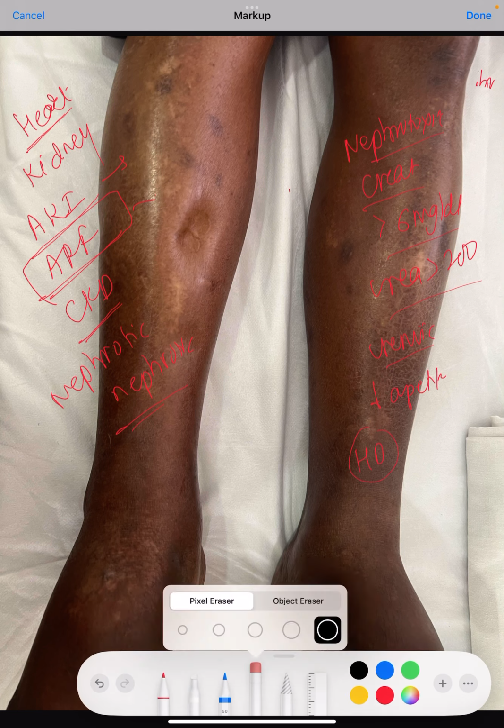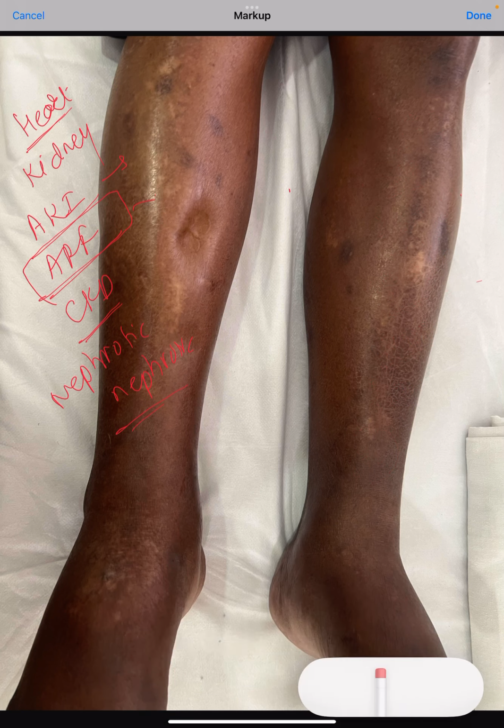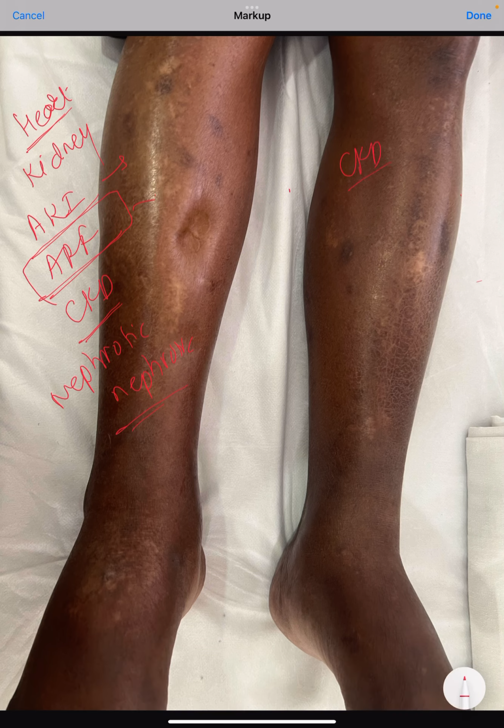The second thing is CKD. CKD is very common. CKD stands for chronic kidney disease, which means there is chronic inflammation. So these patients will definitely have increased creatinine. It will be more than 1.5 milligram per deciliter, and urea may be normal or it may be more than 40.